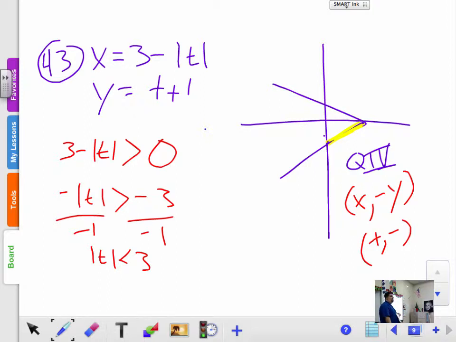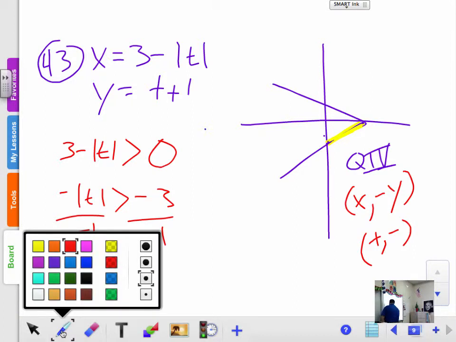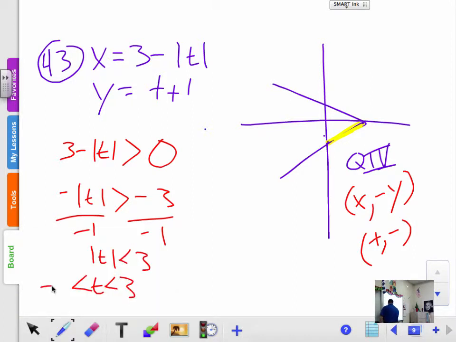Well, that's kind of simple, right? And then if I were to solve this, I would say that t has to live between 3 and negative 3.